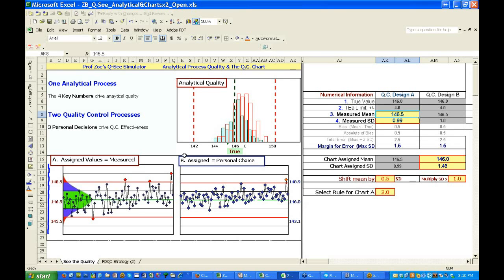So for one thing, that small shift, you're probably not even going to notice. The question is, was that shift significant? So what's going to happen with the properly made chart is with a shift of 0.5 SDs, you're virtually never going to detect that change.